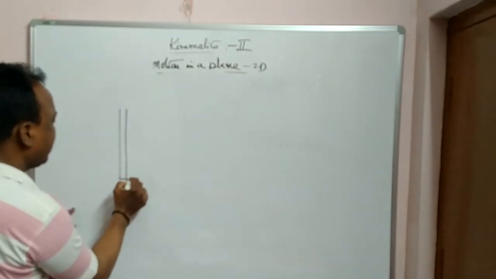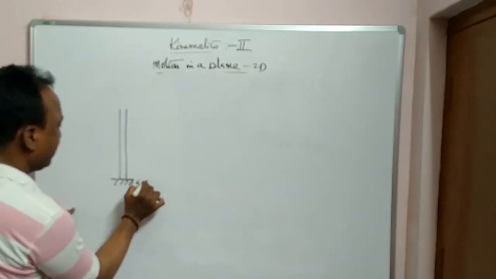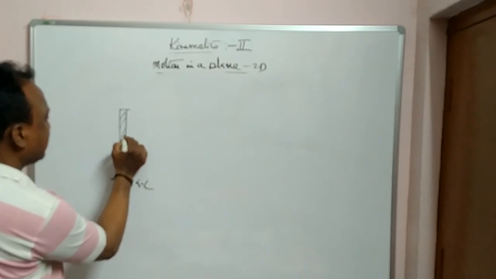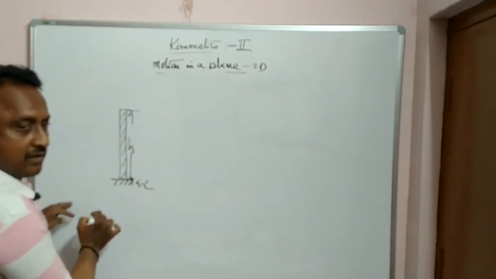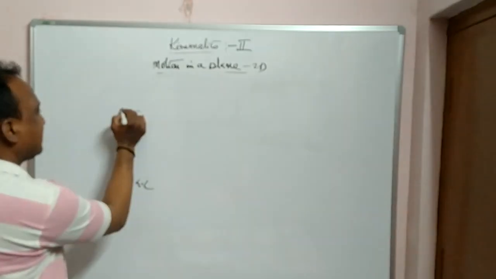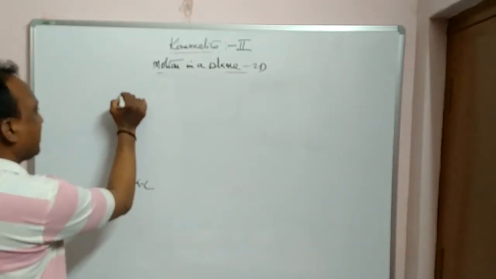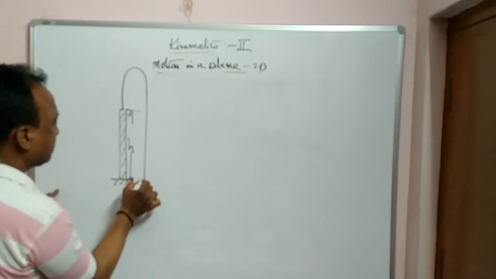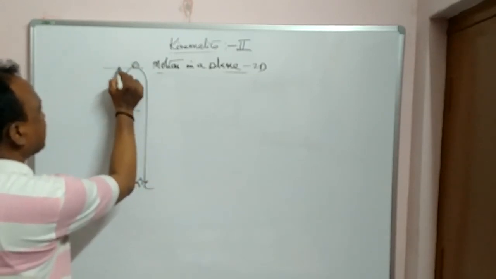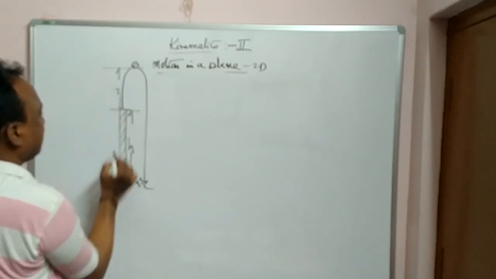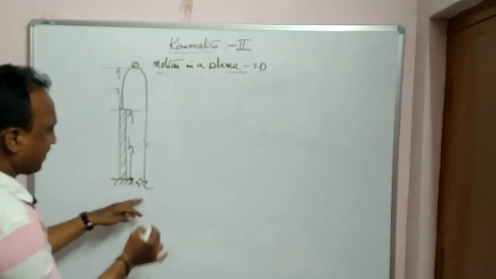Very important, and this is very important, it comes in the intermediate examination also. So let us assume this is the height of a tower or a building. Now suppose a person is standing here and throwing a body vertically upwards. The body, after reaching the maximum height, for example x, again comes back to the ground.